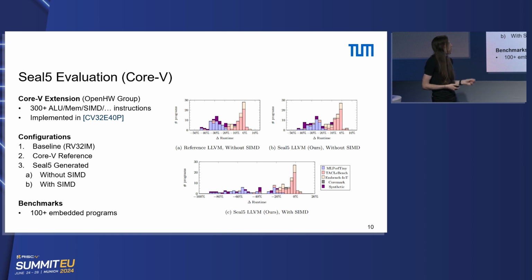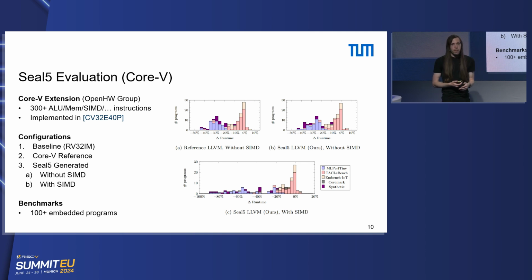By having a look at the top 2 figures of the evaluation, you can hopefully see that for the non-SIMD case, the relative runtime improvements that we can see for our generated LLVM toolchain basically match the expected runtime improvement that you can achieve using the manually implemented reference LLVM.